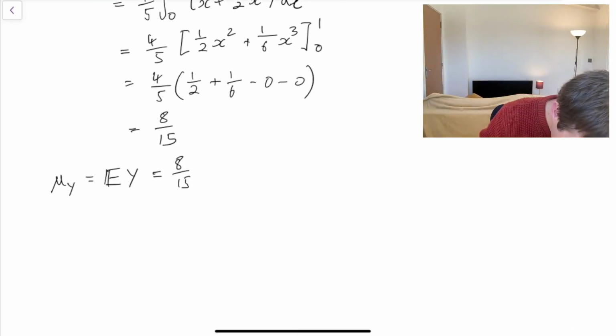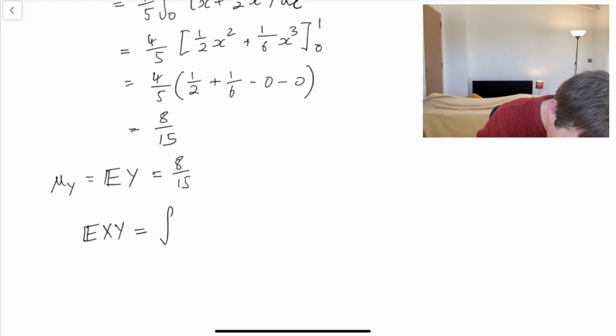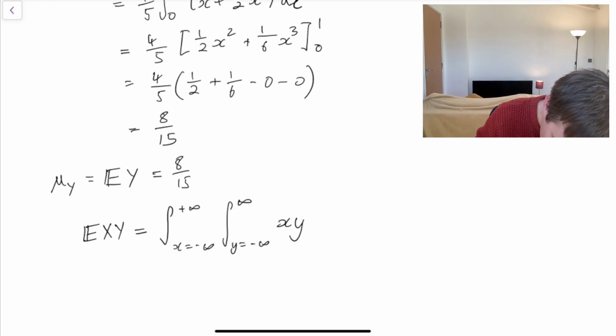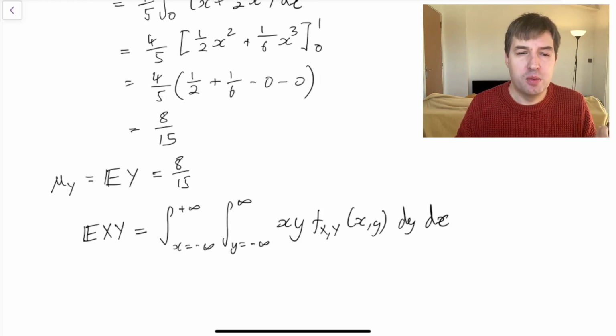So we know by the law of the unconscious statistician that the way to find that is we need to integrate, I'm going to put the integral over x on the outside, x from minus infinity to plus infinity, integral from y from minus infinity to plus infinity, and then we have little xy in there, f of x, y, dy, dx.